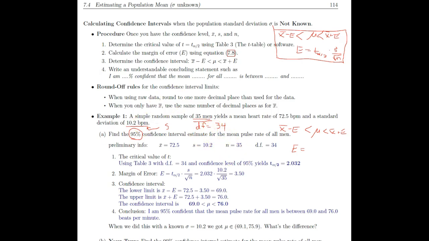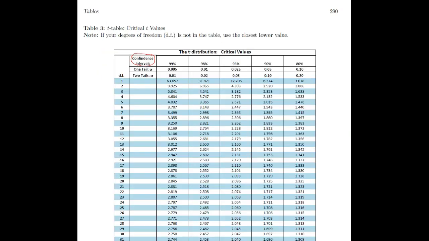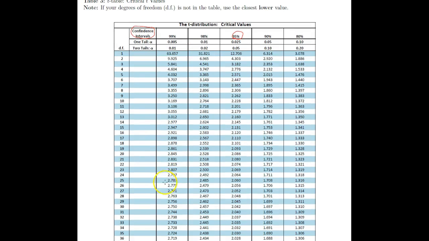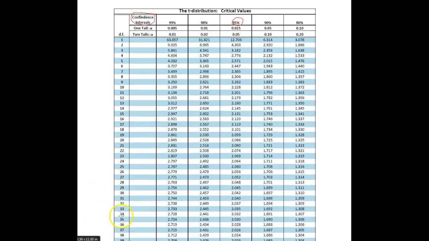So now we're going to go to our table on page 290, and we'll go to 95% and degrees of freedom of 34, and yep, that's our 95% column. So here is our t sub alpha over 2 value, 2.032.